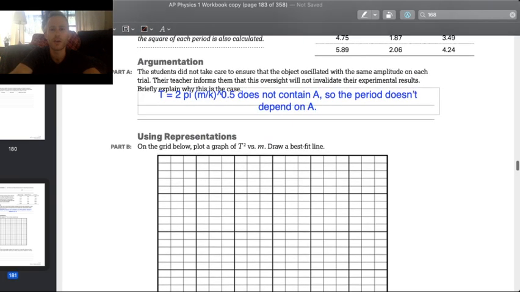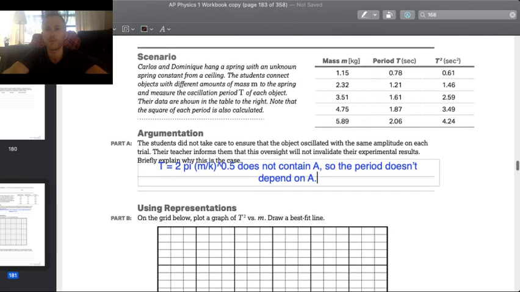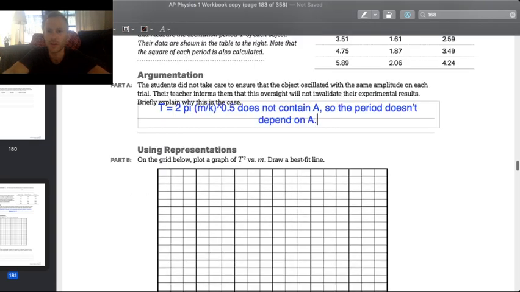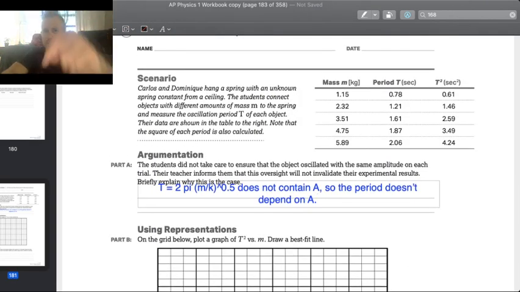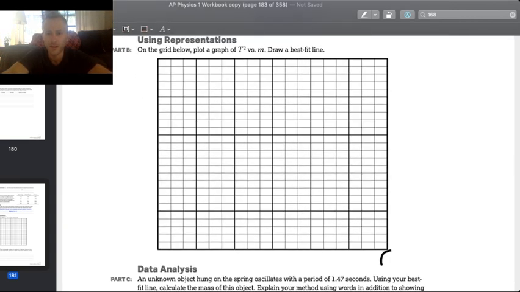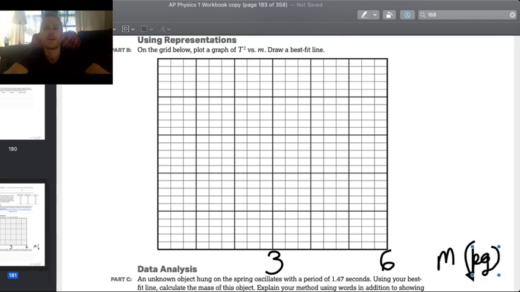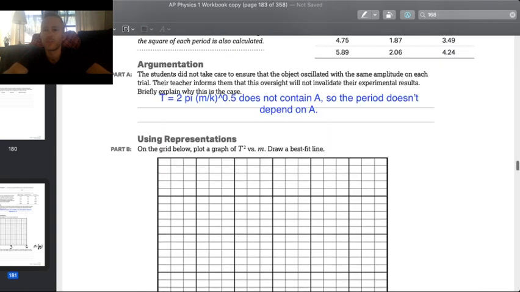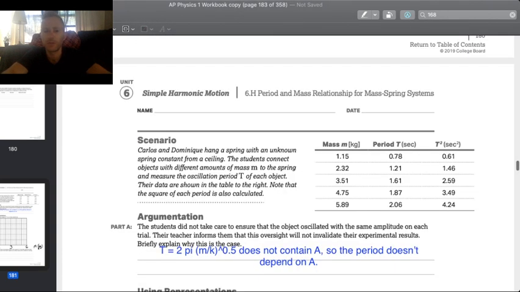On the grid, plot a graph of T squared versus m. Draw the best fit line. So 1.15, 0.61. I have to get my scales here. It looks like the mass goes up to 6. So this will be 6 right here. This will be 3. So this is the mass in kilograms. And then period squared goes from 0 to roughly 5.